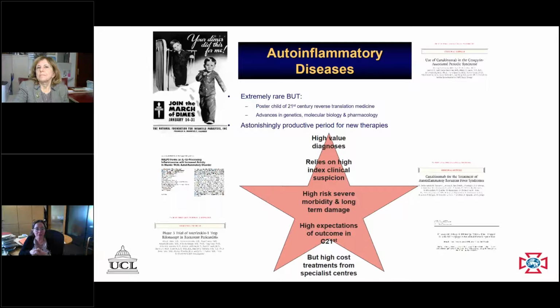The importance of diagnosis: the untreated disease carries a very high risk of severe morbidity, long-term damage, and early death, but treatment can reverse all of these. So we have very high expectations of excellent outcome in well-treated patients in the 21st century. But these are high-cost treatments which need to come from specialist centres and absolutely rely on early, accurate diagnosis.